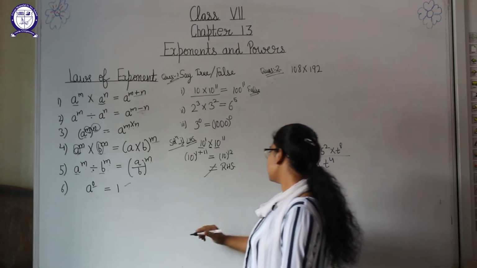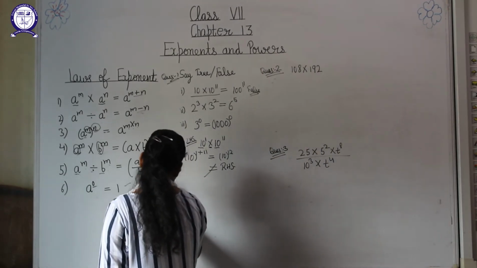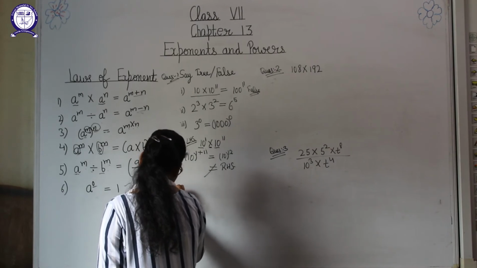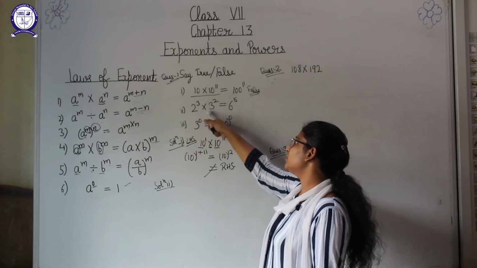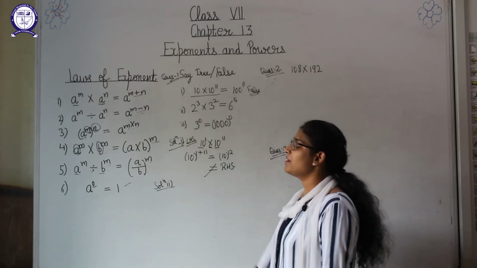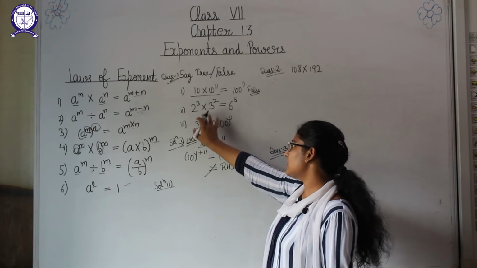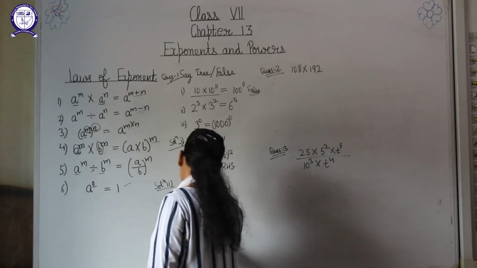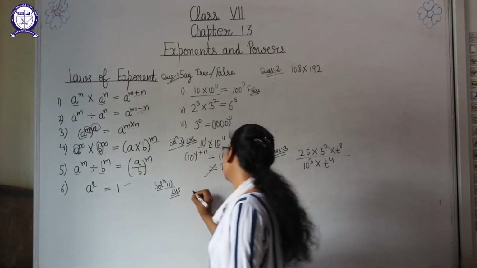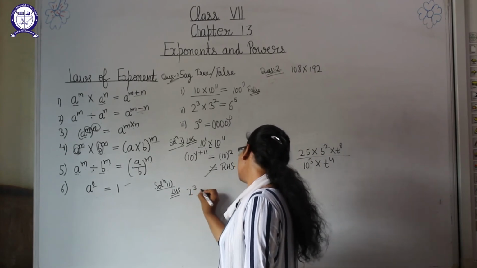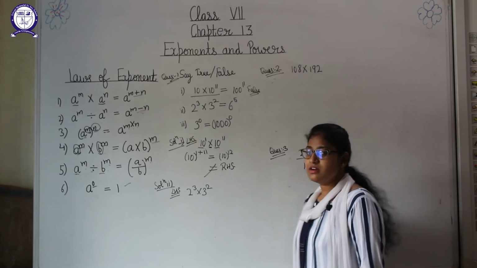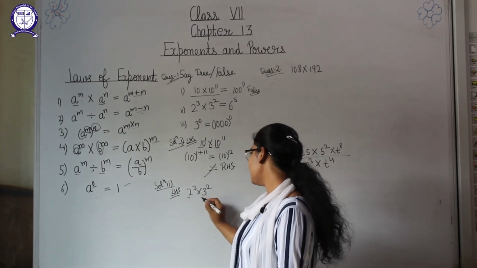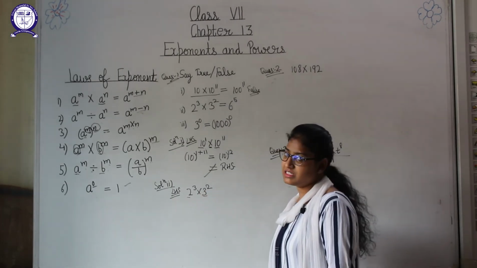Now the second one is the solution of the second part. Here it is given 2 cube into 3 square equals 6 raised to the power 5. We will check the left hand side. So our left hand side is 2 cube into 3 square. Students, here 2 and 3 are the bases and these are different.